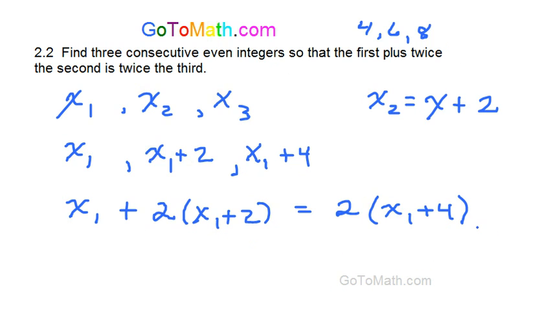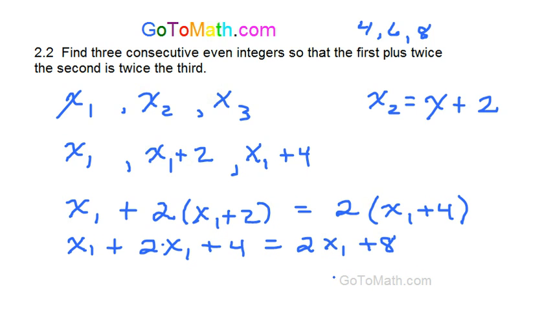So we've got our equation written up, and what we'll want to do now is solve for x1. So let's do that. We have x1 plus, distribute the 2 across, 2 times x1 plus 4 is equal to 2 times x1 plus 8.